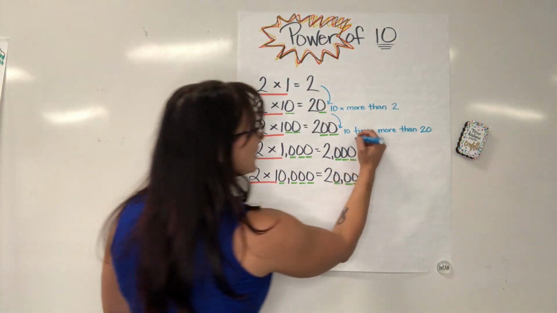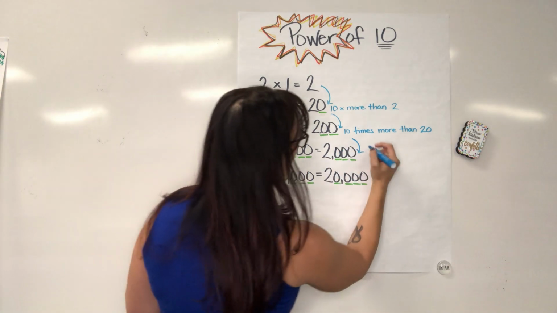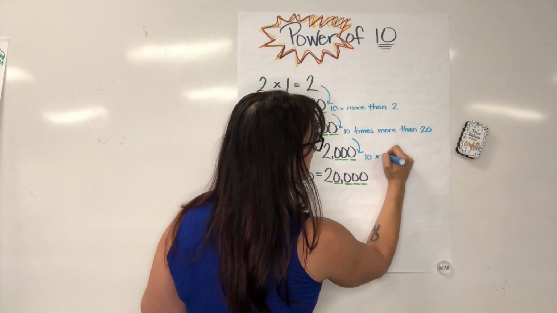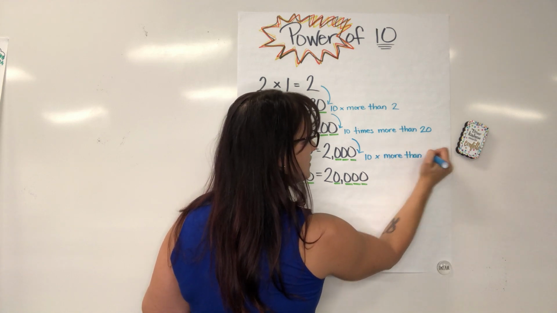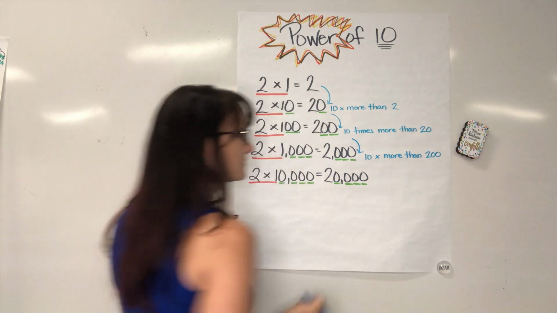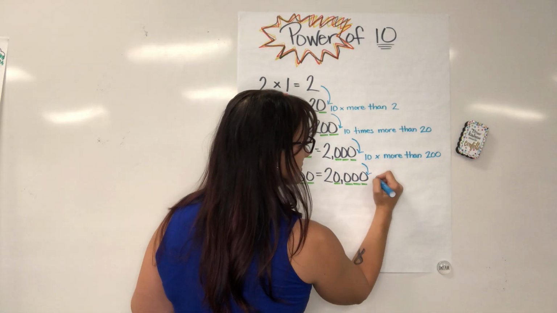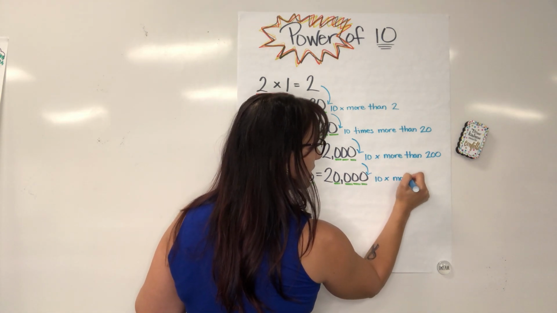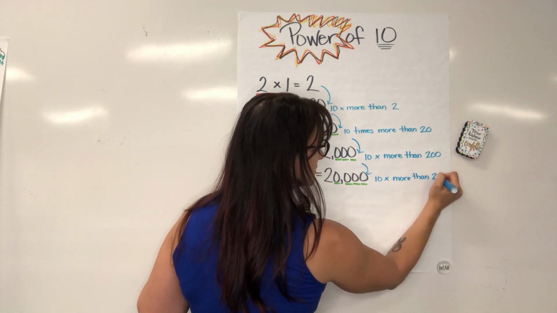Okay, so you should have written that 2,000 is 10 times more than 200, and that 20,000 is 10 times more than 2,000.